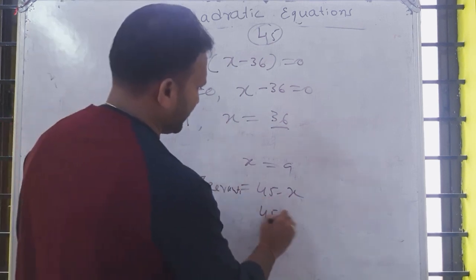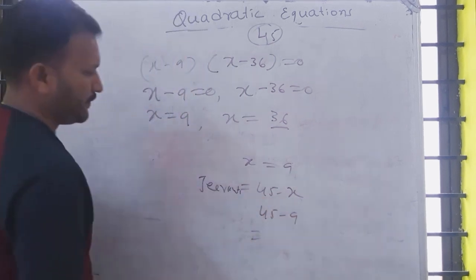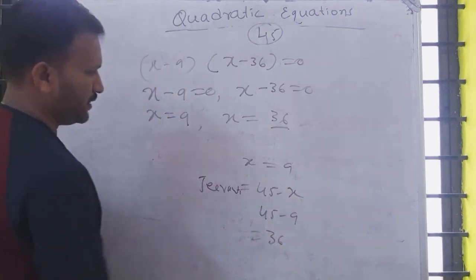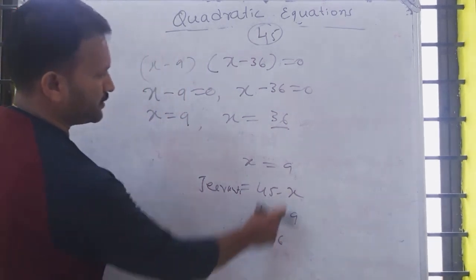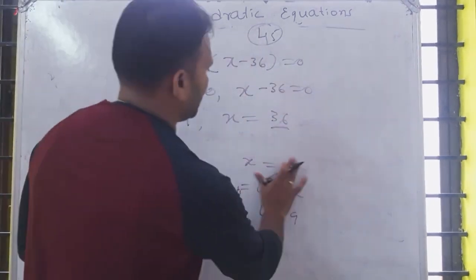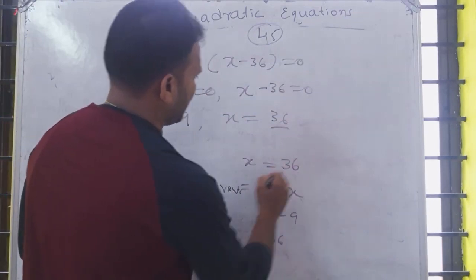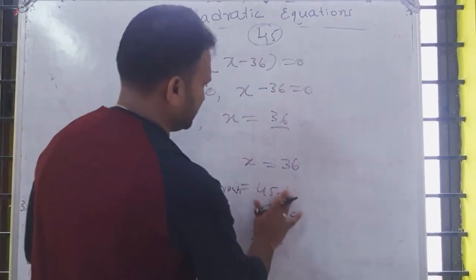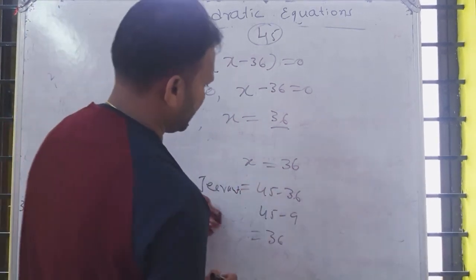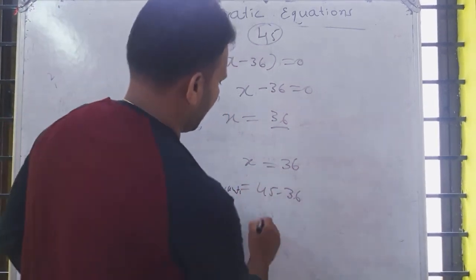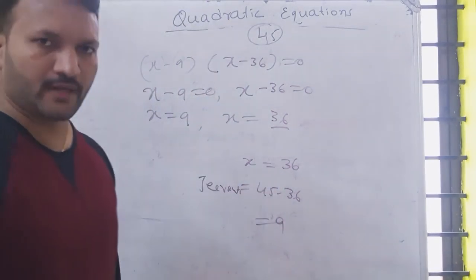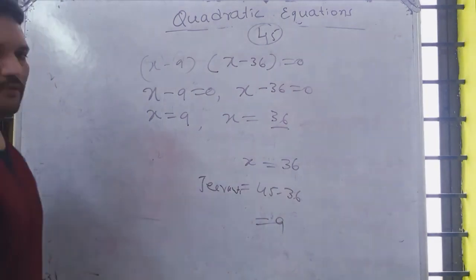Now 45 minus 9, that is how many? 36, isn't it? 36 plus 9, again you will get 45. And if you think John has 36 marbles, then Jivanti has again 9, isn't it? So 36 plus 9 again 45. So like this you can calculate.